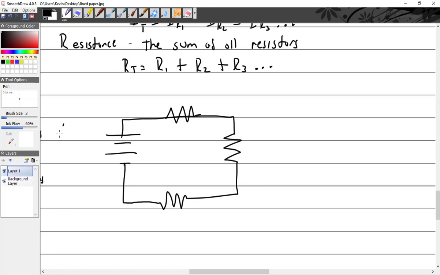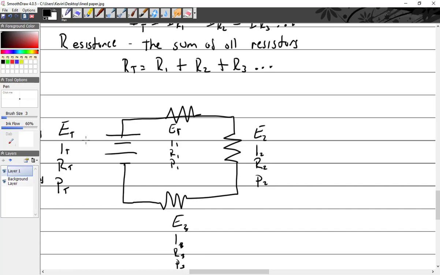I don't have a ruler here, but this is how I want you to do all of your circuits. Somewhere near where the resistor is, please write this. I-R-P. These are the totals: I total, power total. This is 1. This is 2. This is 3.